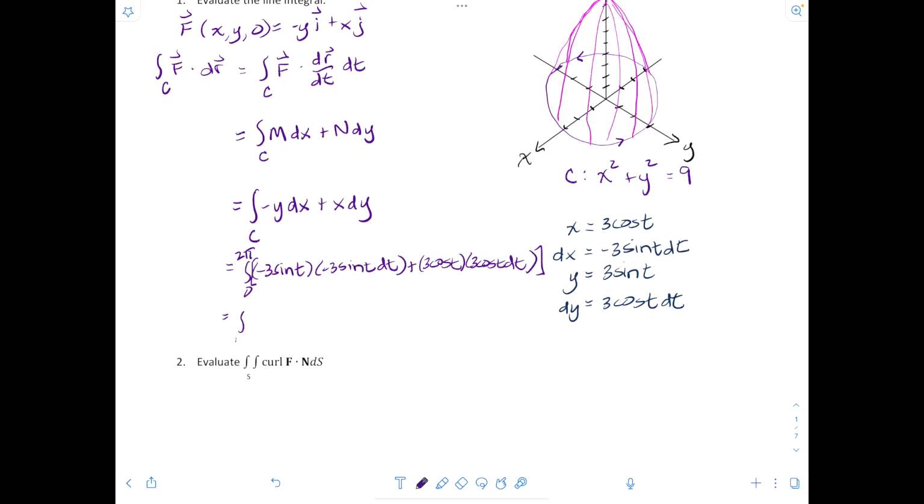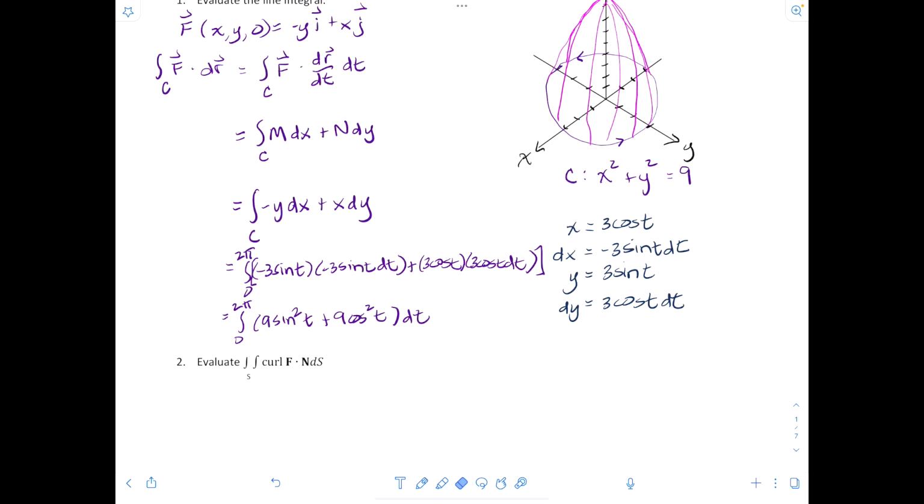So it looks kind of mean, but we'll actually get 9 sin² t + 9 cos² t dt. Well, when you factor out the 9, you just get 1 for sin² t + cos² t.